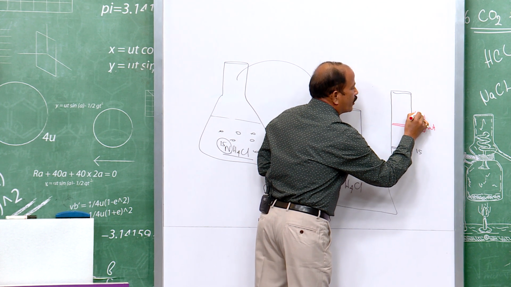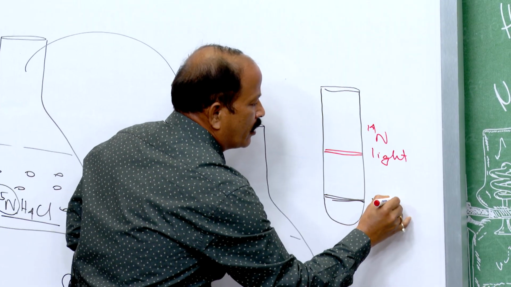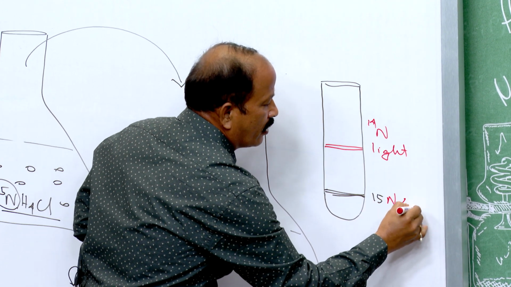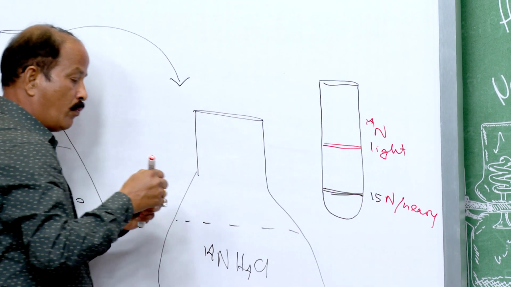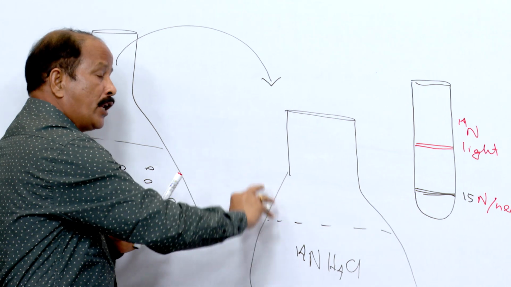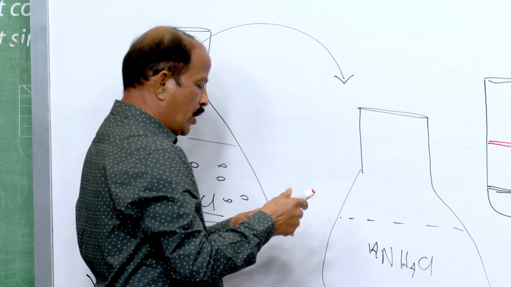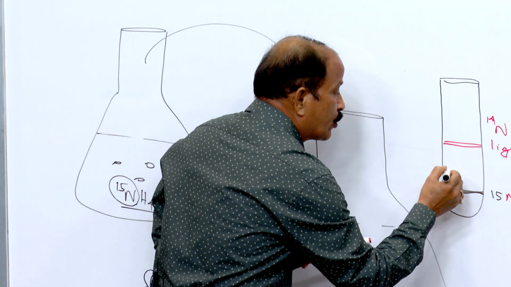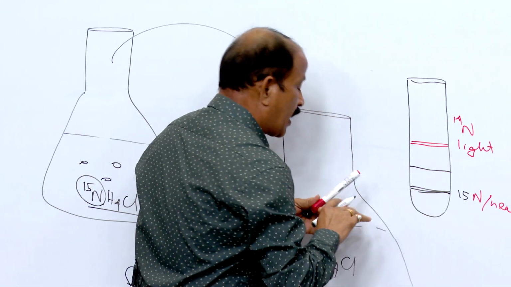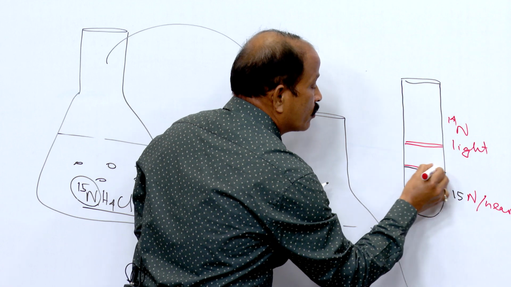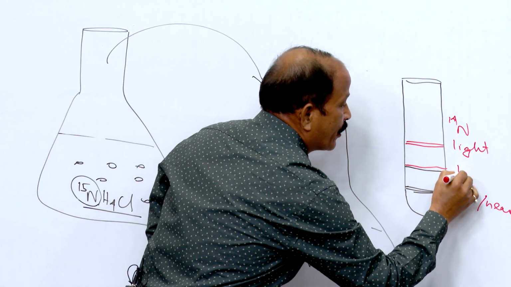This is N14, and this is N15 nitrogen, a heavy DNA. But when they transferred from N15 to N14, in the first generation they found a band intermediate between the heavy and light. So, this is hybrid.